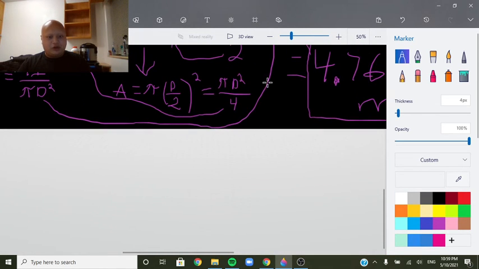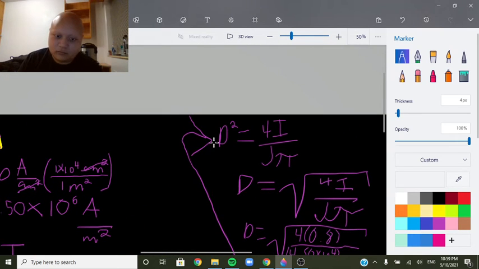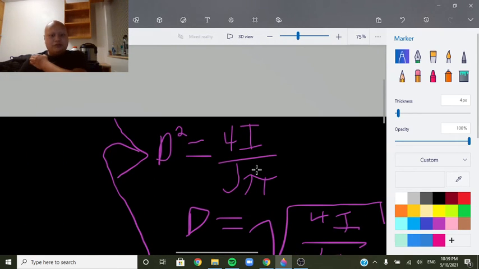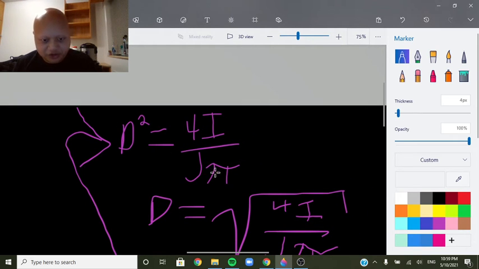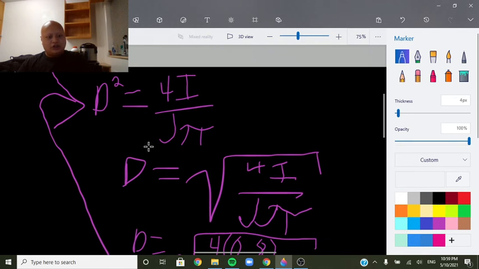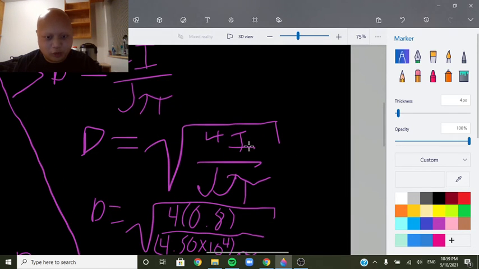So now we just follow this arrow, and then we multiply both sides by d squared, and then we divide both sides by J, as in Juliet. After that we square root both sides. So d is equal to the square root of 4 I over J times pi.